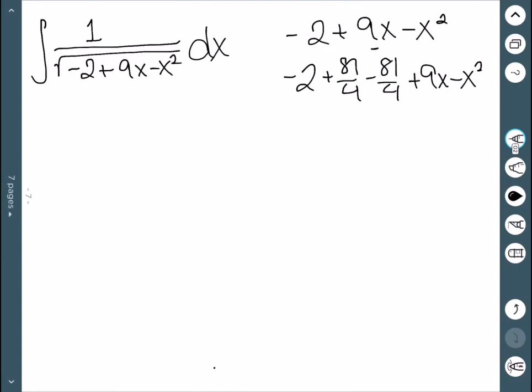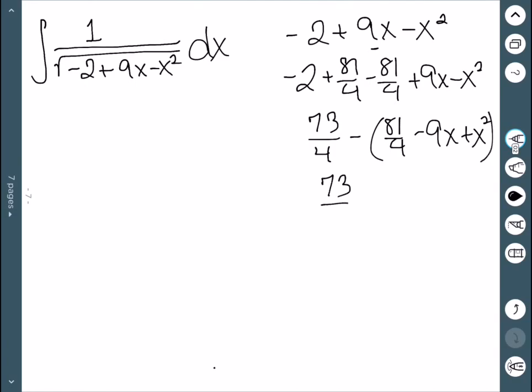For the first part, I actually need to add negative 2 plus 81 over 4. That gives me 73 over 4. And for the next part, since I don't like a negative in front of the x squared, I'll actually factor out a negative sign to get negative, 81 over 4 minus 9x plus x squared.